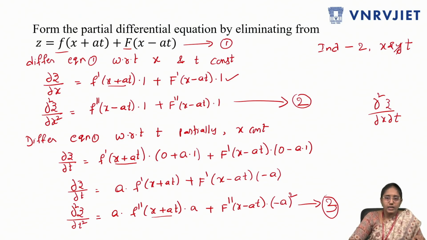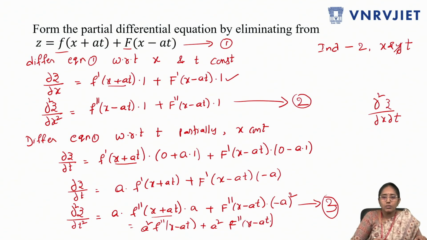Here a into a is a², a² into f''(x + at), and here minus a whole squared, that's again plus a² into F''(x − at).